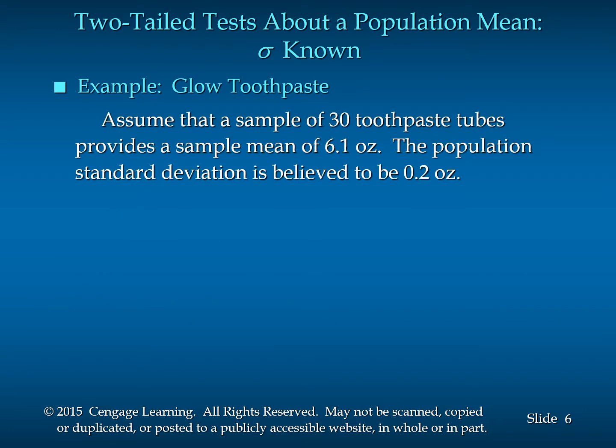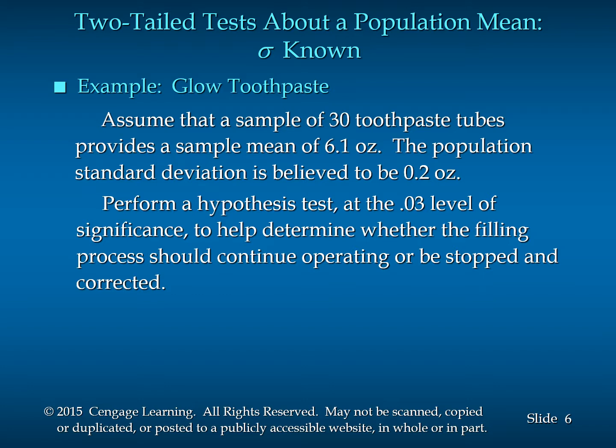The sample yields a sample mean of 6.1 ounces, and we know the population standard deviation to be 0.2 ounces. Now, at first blush, if the process is to be controlled right at 6 ounces exactly, and we get a sample that's 6.1, your first conclusion might be the process is out of control. But we can determine that with a hypothesis test.